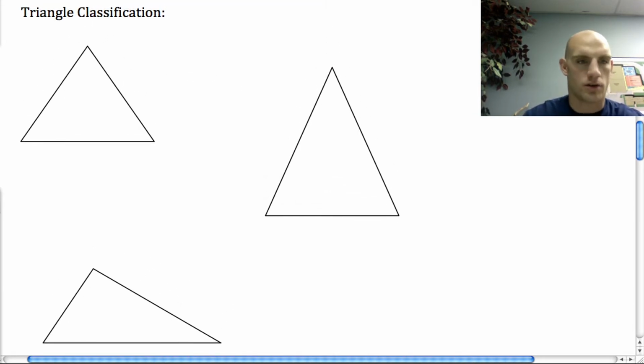The second order of triangle classification. The second way that we can classify triangles is by side lengths. Okay? And so what we're going to do in this first one is we're going to say that it has 3 congruent sides.